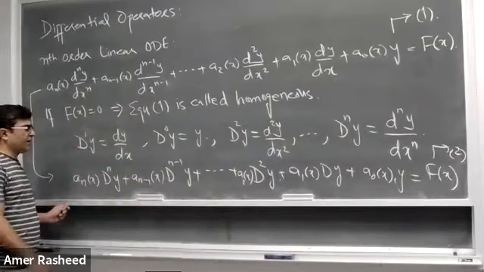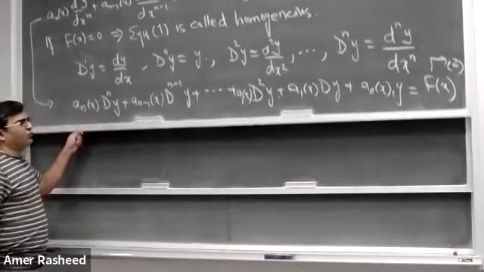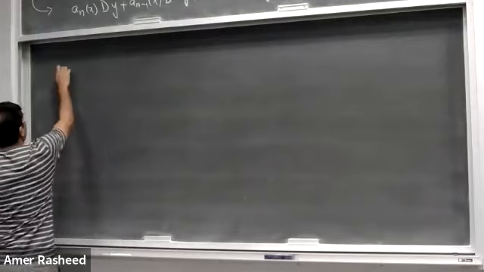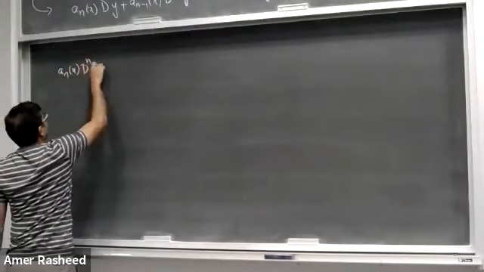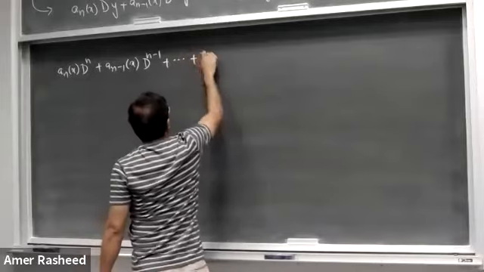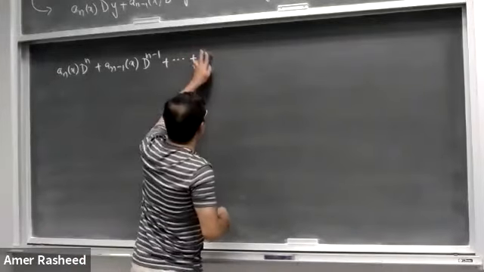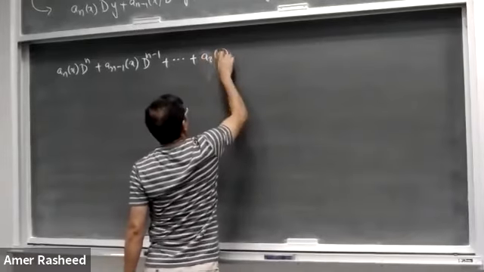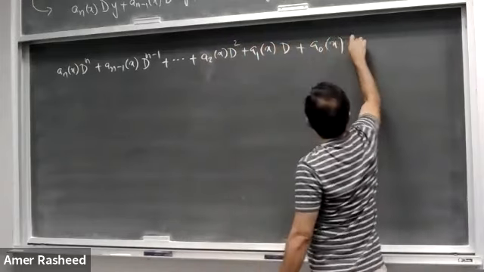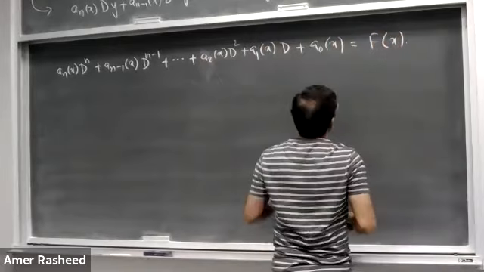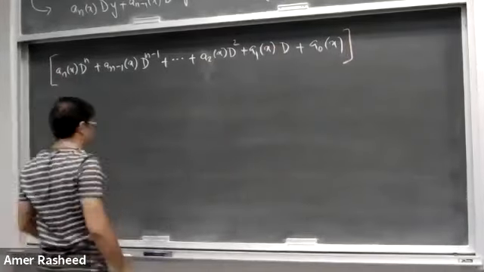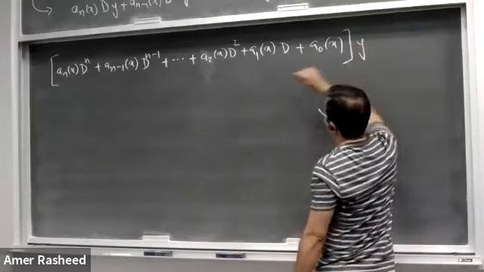Further, we can take y common from all these terms, and we can write, in short, an of x Dn plus an minus 1 of x Dn minus 1 plus so on plus a2 of x D2 plus a1 of x D plus a naught of x, put in a bracket, and this whole thing is operated on y.